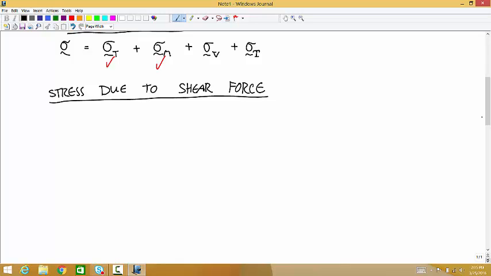So what was the first thing that we talked about when we talked about stress due to bending? What was the first thing that I brought up? Okay, but before that, we did the two mathematical preliminaries, and I'm going to do that here too. But before that, I said it was even more important than knowing how to do the calculation was understanding under what conditions, so the rules for when it applies.